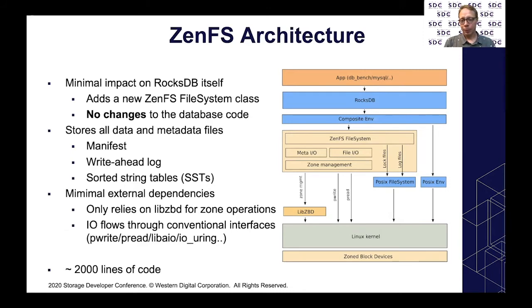So the data path is just raw block device writes and reads. And we've done this to minimize the amount of external dependencies. So only libzbd for zone operations and only raw IO calls to the Linux kernel.